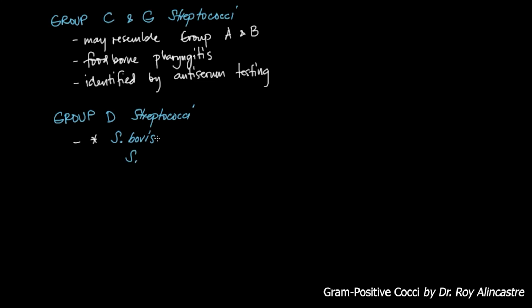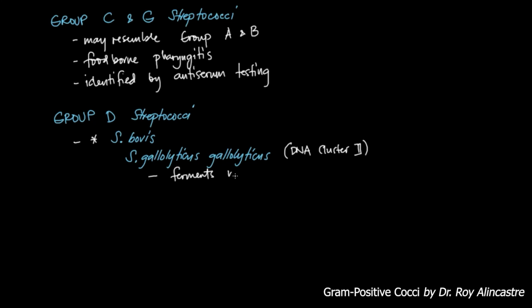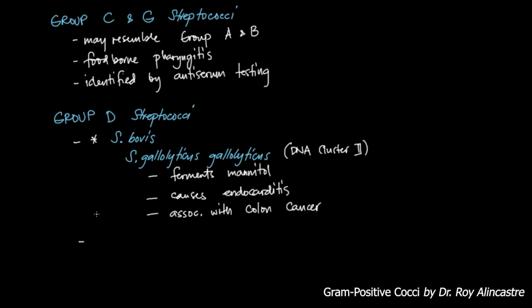One important species is Strep gallolyticus, subspecies gallolyticus under DNA cluster 2, which ferments mannitol and can cause endocarditis and is also associated with colon cancer. But actually, the taxonomists themselves seem to be confused, no? So we will not join them in the confusion, okay?